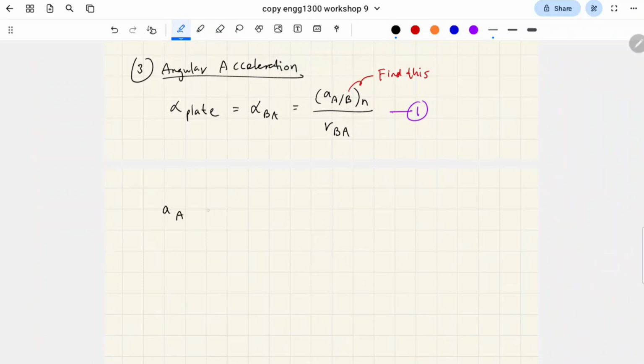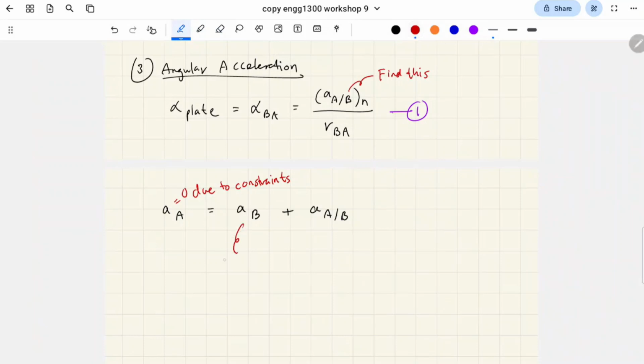Okay, so from what we know of relative acceleration, A was the cylinder, right, which we know is moving at a constant velocity? So therefore the acceleration of that is going to be 0, correct?